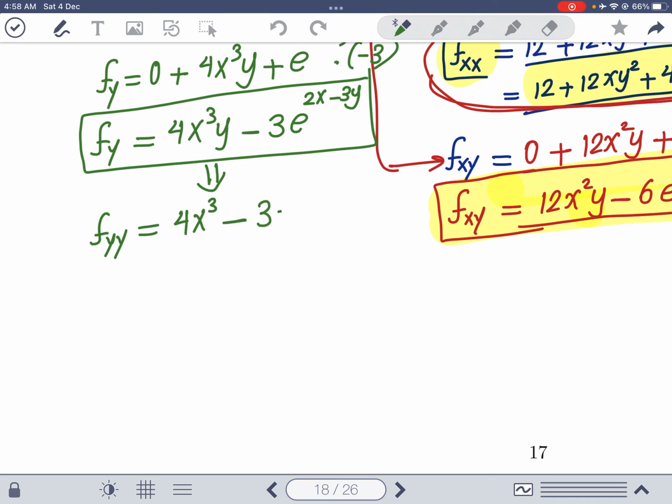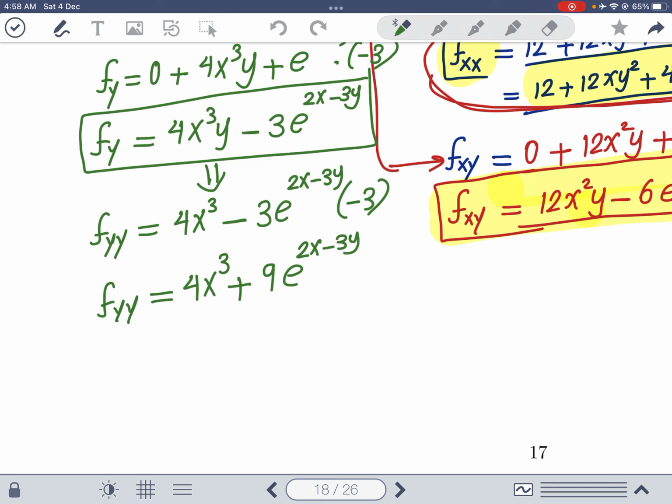Minus 3, copy paste the exponential, and multiply by the derivative of the exponent, which is negative 3, with respect to y, the second time. That's why you get negative 3. If it was with respect to x, you would get 2, as we did before. So this would be 4x cubed plus 3 times 3, 9, e to the 2x minus 3y. This is fyy, and we're almost done.